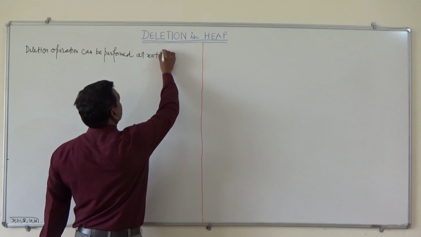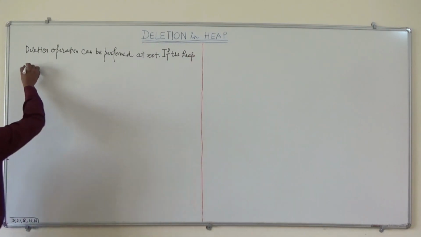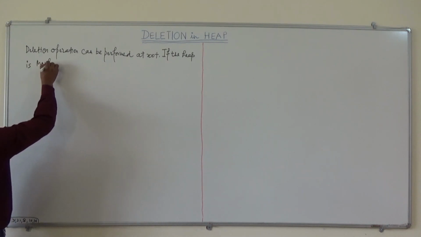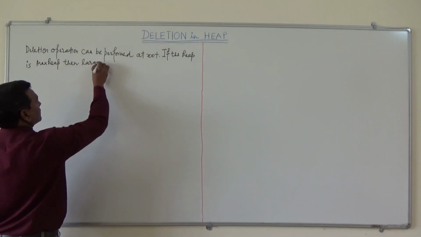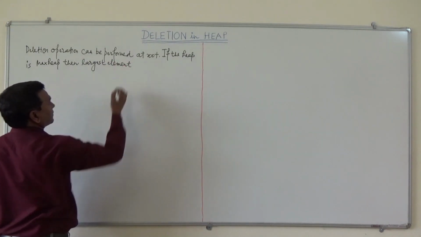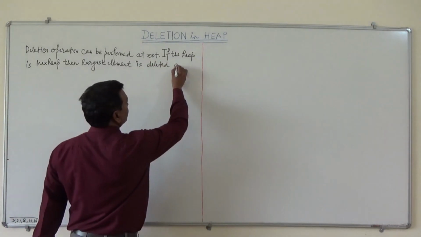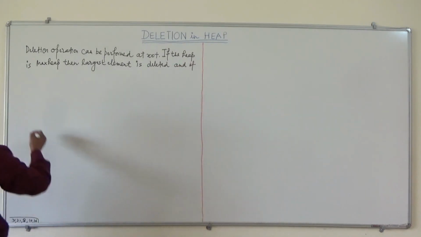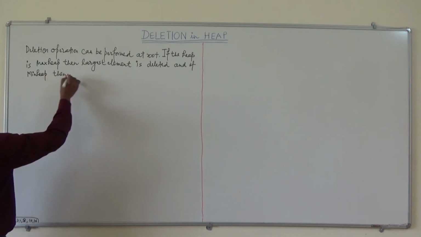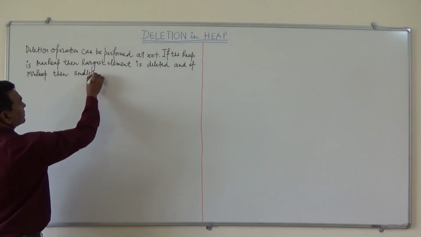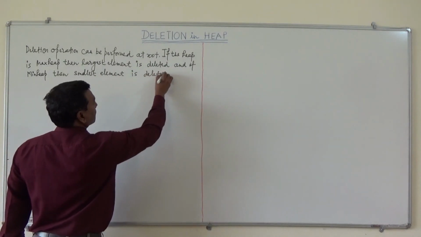And if the heap is Max heap, then the largest element is deleted, and if min heap, then the smallest element is deleted.